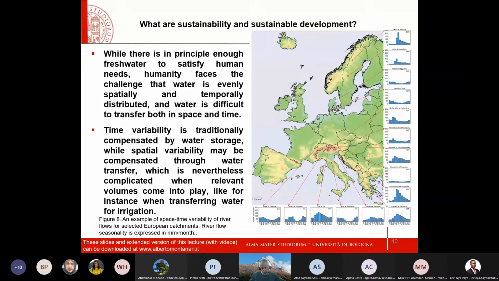Before we move to solutions, let me make a couple of additional considerations. The first one is climate change. So we talk about water, we talk of something that is strictly related to climate. Climate change is a problem, and climate change is something that you will have to deal with absolutely and unavoidably.